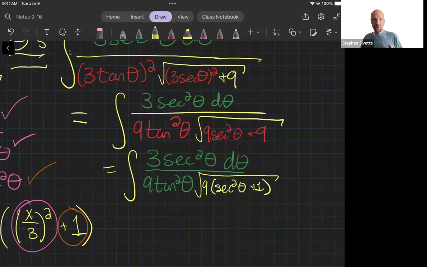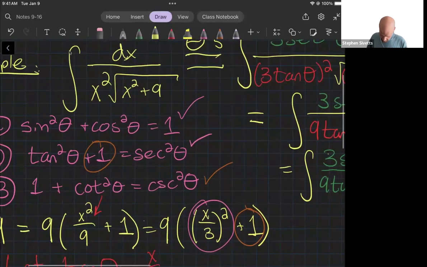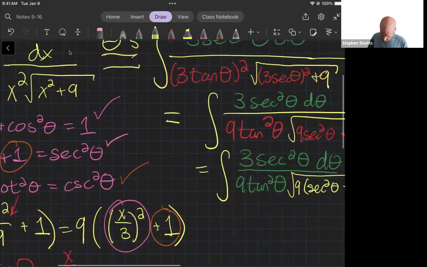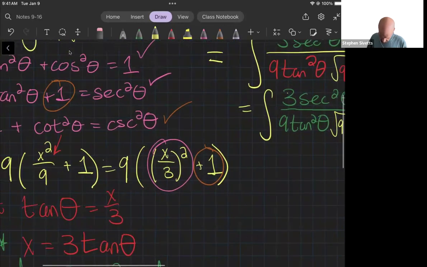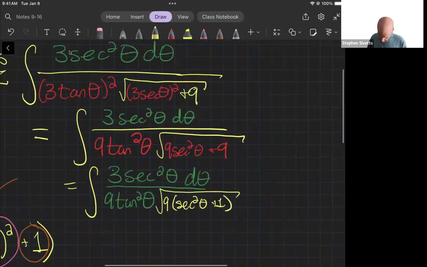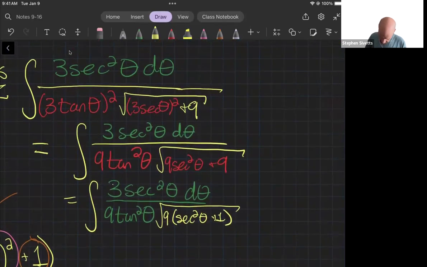But secant squared of theta plus 1 is tangent squared theta, right? Let's see. Oh, I'm sorry, okay, I made a mistake. So this is tangent.